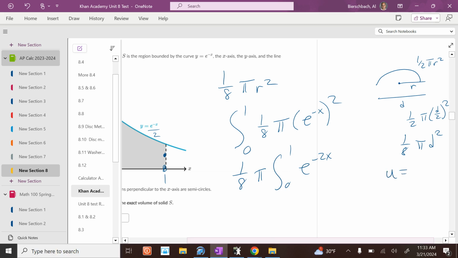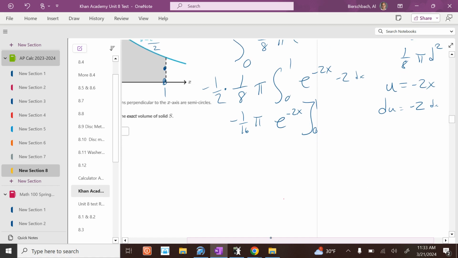Well, u equals negative 2x. What's du going to be? Negative 2 dx. So you need a negative 2 dx here. So if you put a negative 2 there, you need a negative 1/2 out front to counteract it. So the integral of this is e to the negative 2x from 1 to 0. And then you have a negative 1/16 pi in front.